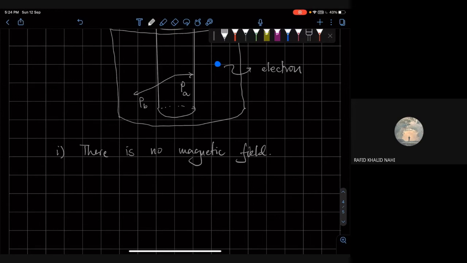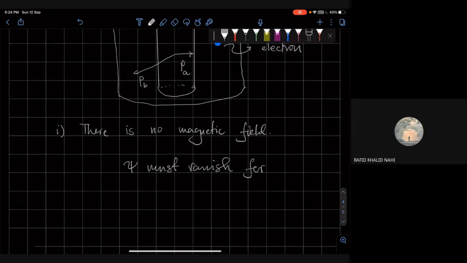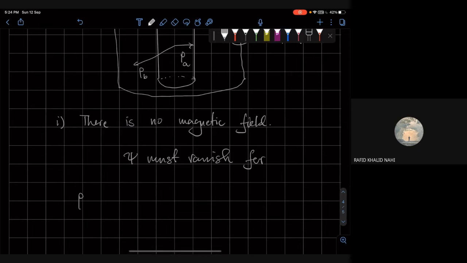So one thing you know is that the wave function of the electron must vanish for the polar coordinate rho less than or equal to rho A, right?